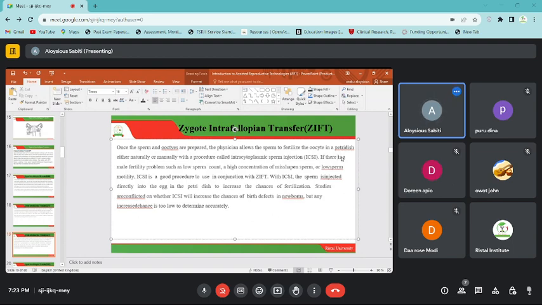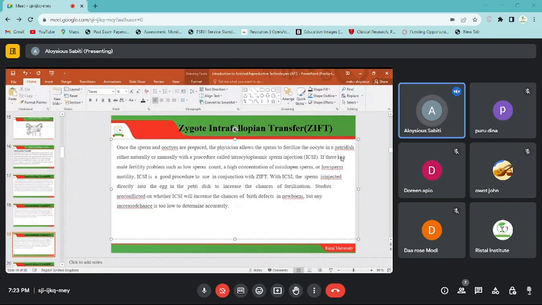That's why we're saying that if the problem is male fertility, where the person may not have a strong sperm count, or has a high concentration of misshapen sperm, or the movement of sperm is very low, then it is important that they use this intracytoplasmic sperm injection. So the intracytoplasmic sperm injection is a good procedure to use vis-a-vis this ZIFT.